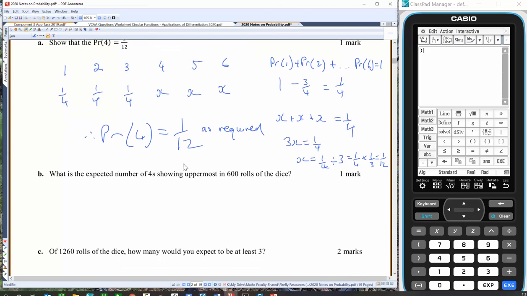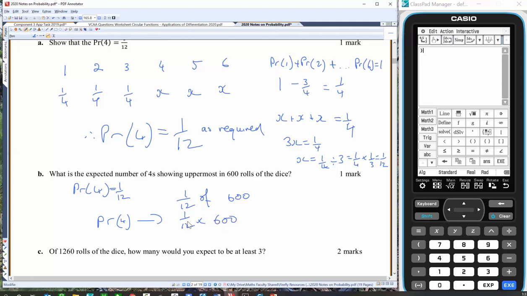What is the expected number of 4s showing uppermost in 600 rolls of the dice? What is the expected number of 4s? So the probability of a 4 is equal to 1/12. So I know that a 4 is going to come up 1 out of every 12 times, or a 12th of the 600 rolls. 1/12 times 600. So the probability of getting a 4 for this situation is 1/12 of 600.